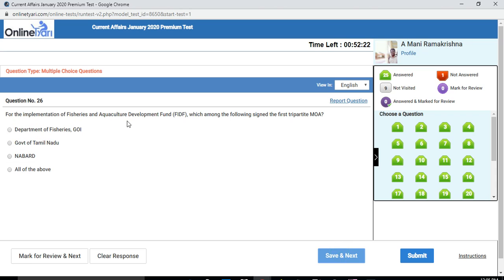For the implementation of features and acquisition development fund, the following and the template MYA. Who among the following state?